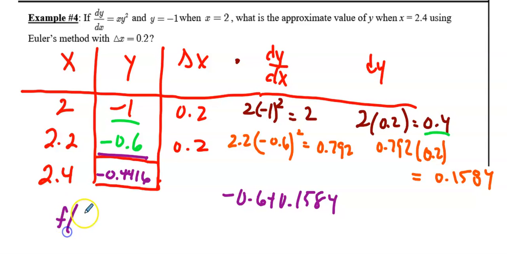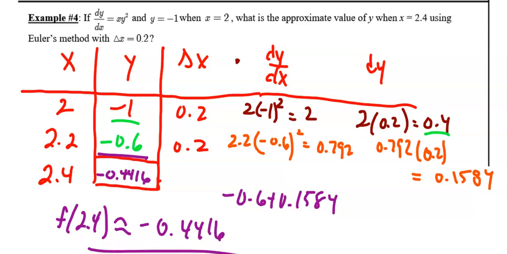So f of 2.4 is approximately -0.4416. You could absolutely solve this differential equation and then plug in 2.4 for x to see what your y value would be.